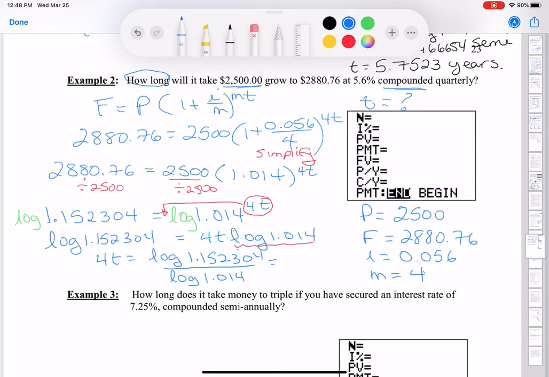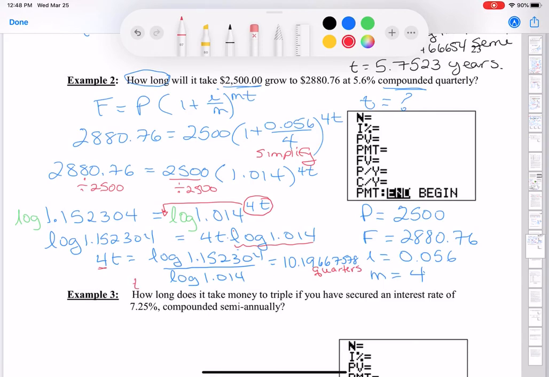And I'm going to get an answer for 4t. So we'll take the log of this answer divided by the log of 1.014. So I get 10.19667578. And because there is a 4 out front, I know that this is quarters.